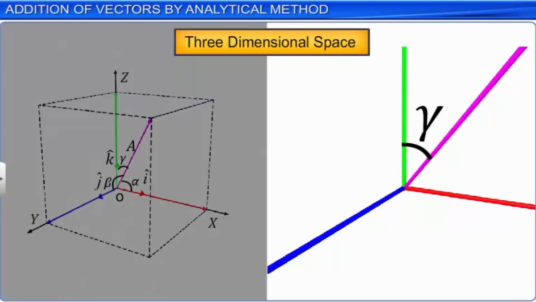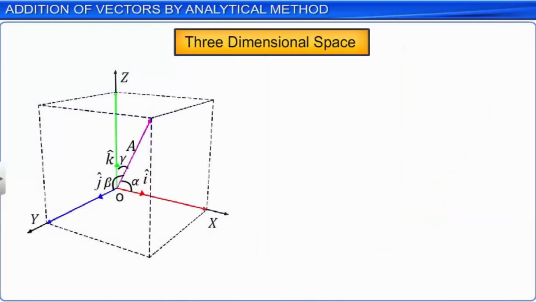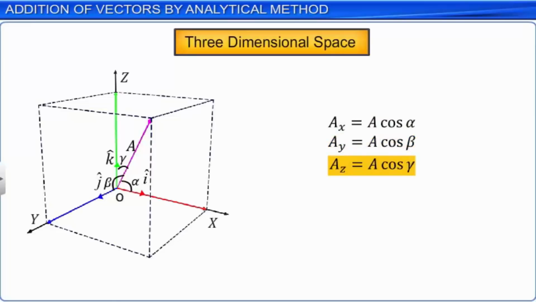In this case, its three components along x, y, and z direction can be written as AX is equal to A cos alpha, AY is equal to A cos beta, and AZ is equal to A cos gamma. Here, A is equal to AX plus AY plus AZ, which can be written as AXi plus AYj plus AZk.